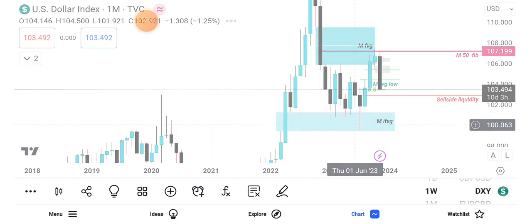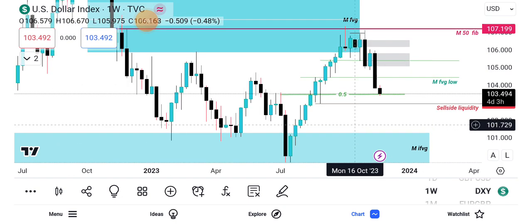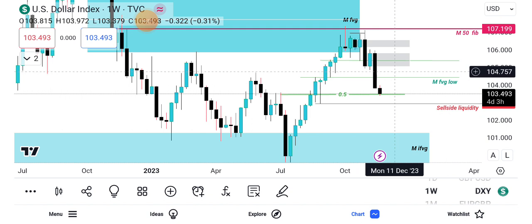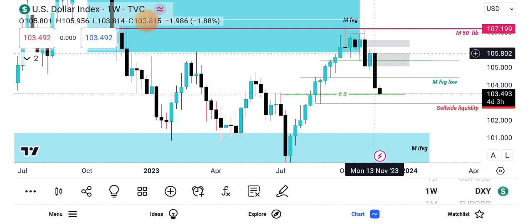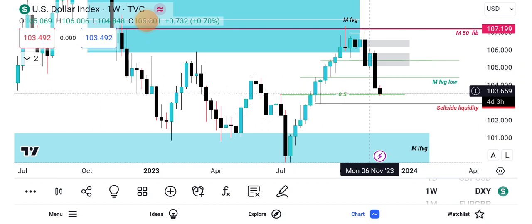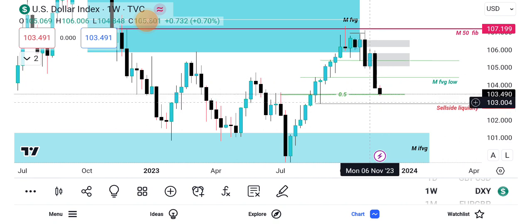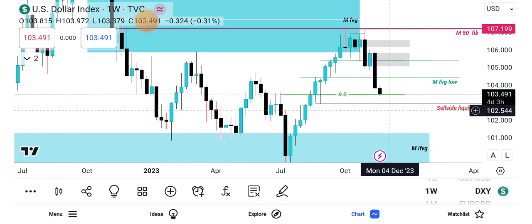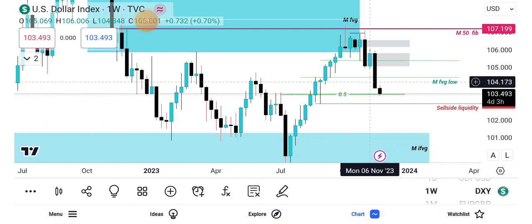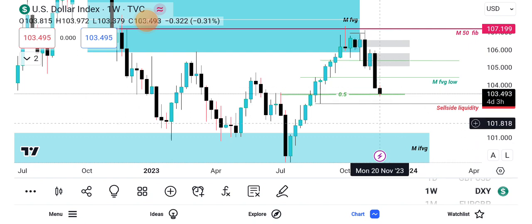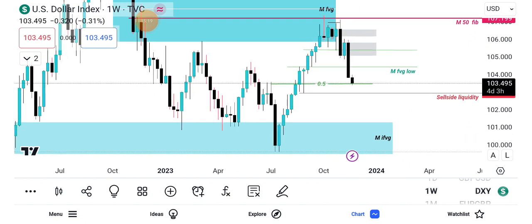So on the weekly time frame, what we can see is these bearish arrays, these two order blocks there. We have this huge down close candle. And we also want to see how it will react in this discount level, if it will give us opportunities to buy or otherwise.